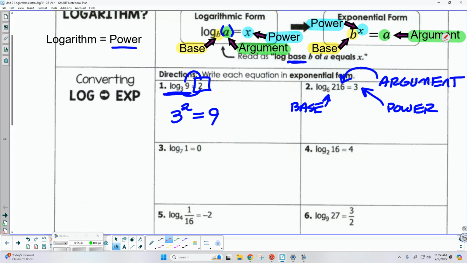Remember, there's always 3 parts to a log or an exponential. So log base 6 of 216 equals 3, and my exponential would be base 6 to the 3rd power equals 216. There we go. See, once you get the idea, it's going to start to go super quick.